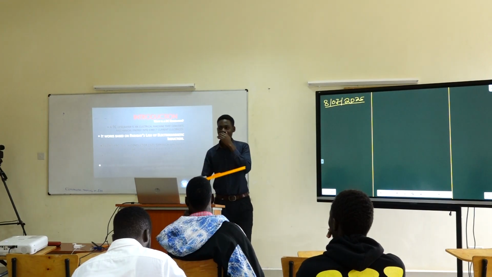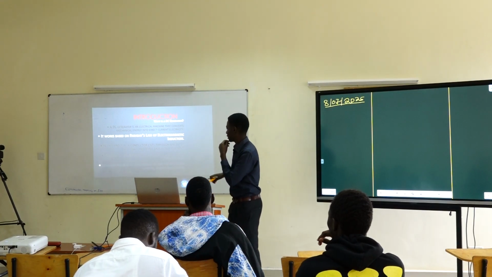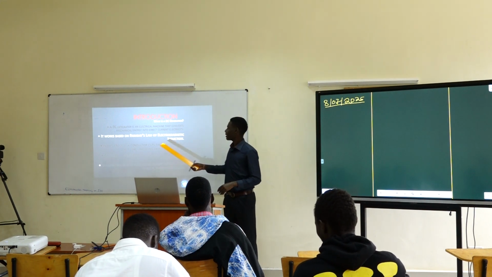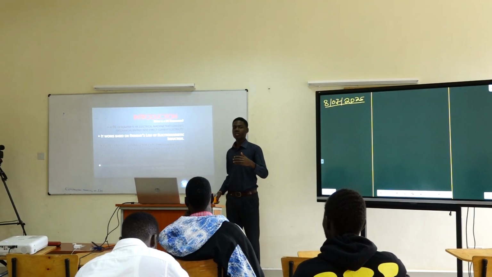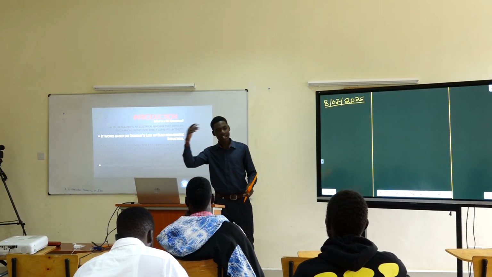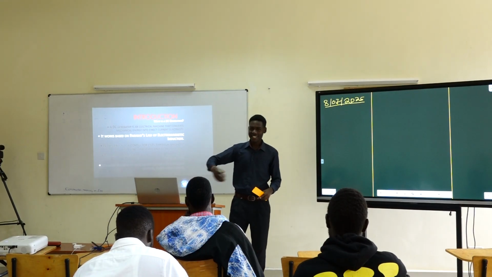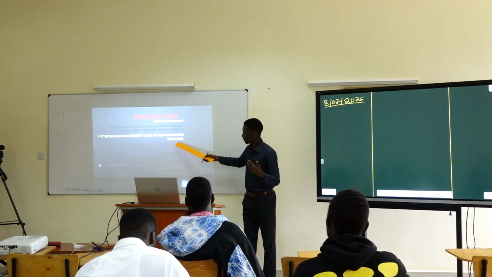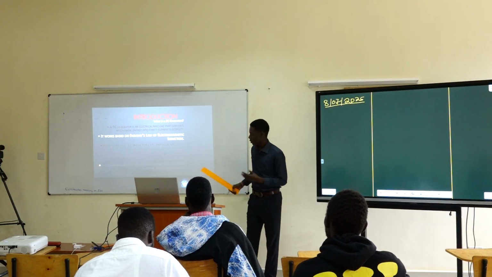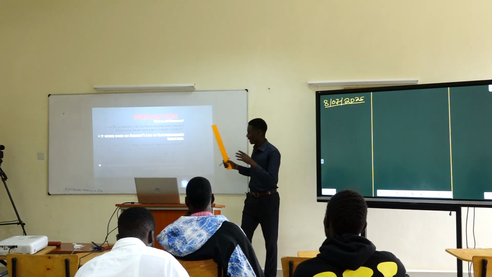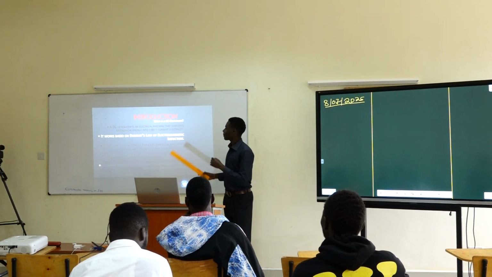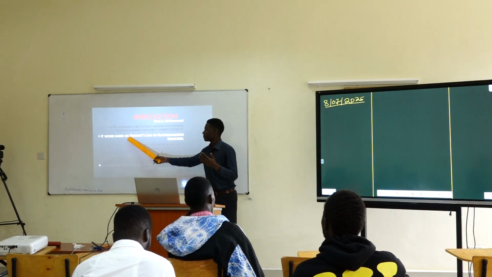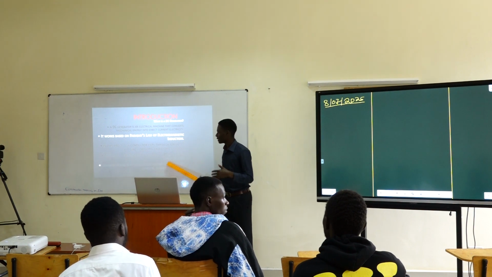Whatever you have just said from the previous slide, we have said that Faraday's law of electromagnetic induction states that when a conductor is rotated in a magnetic field, an EMF is induced in the conducting circuit, which is closed, therefore electric current flows.